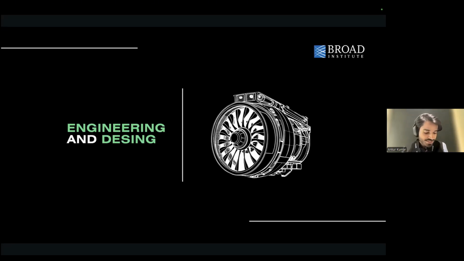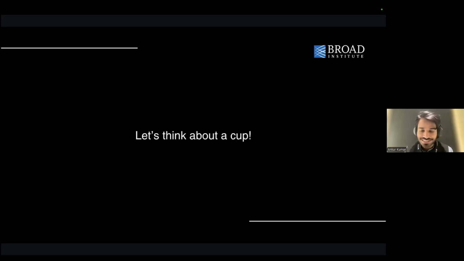And to talk about this, I want to draw your attention towards engineering and design of systems. I won't get into the very detailed depths of this topic, but it's mostly to give you some idea of how to approach these kinds of problems. So let's think about a cup. It's a very familiar object that all of us know.